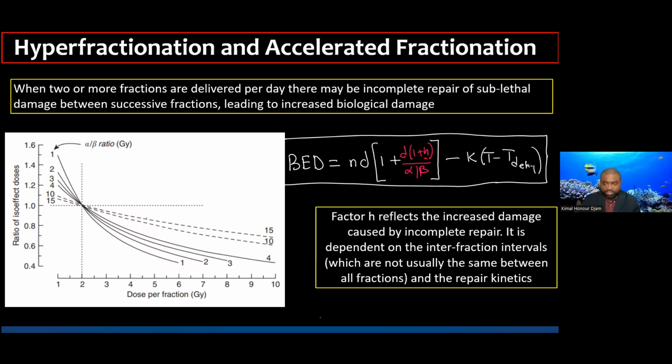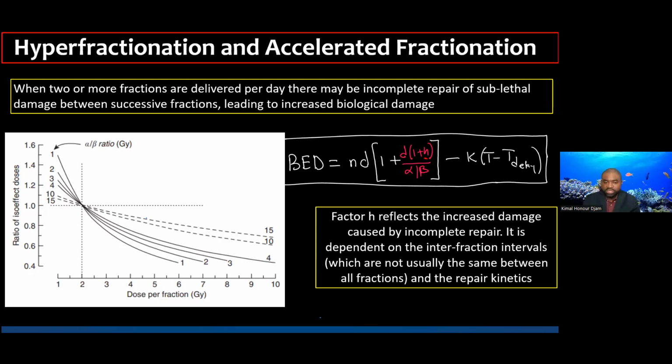And if we do that, as a medical physicist, one of the jobs that you need to do is to make sure that we take into consideration the radiobiological parameters of that particular tumor. So it has been recommended that for accelerated and hyperfractionation to actually work, it is essential that there is sufficient time between fractions for full repair of sublethal damage to occur.